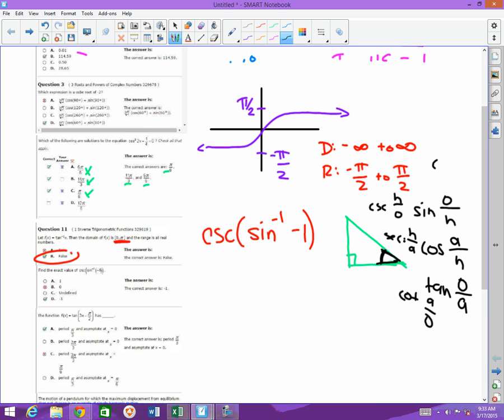So then this part here where it says inverse sine of negative 1, don't worry about the negative for a moment, just deal with the number. Because sine is 1, and if you're dealing with this angle here, sine has to be opposite over hypotenuse, and the ratio has to be 1. So then that means this is 1 and that is 1.